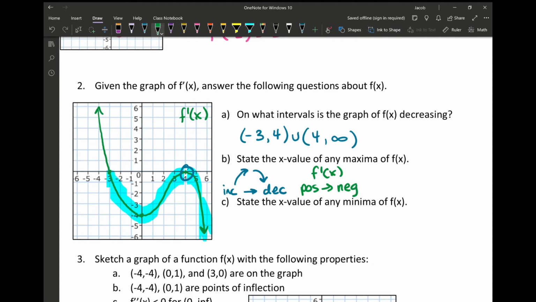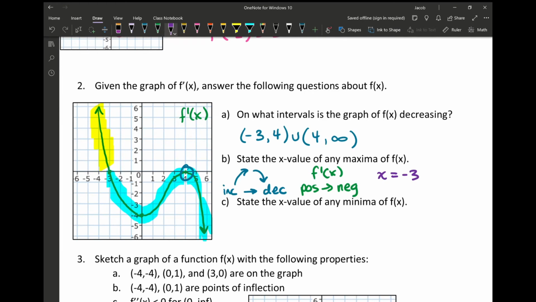So is there a piece on f prime of x that goes from positive y values to negative y values? And there is, because we have this piece right here that goes from positive to negative. So one of our maxima, if we have just one, is at x equals -3. And we don't have any others for a maxima, because we don't ever go positive again, so we can't go back to negative.